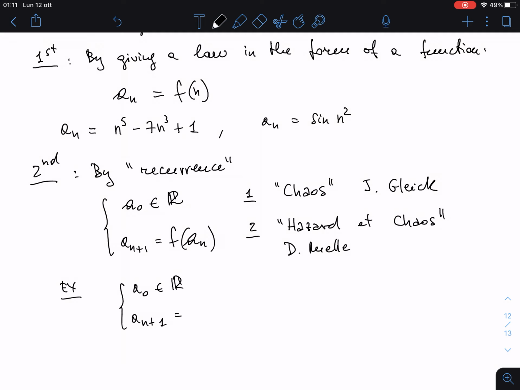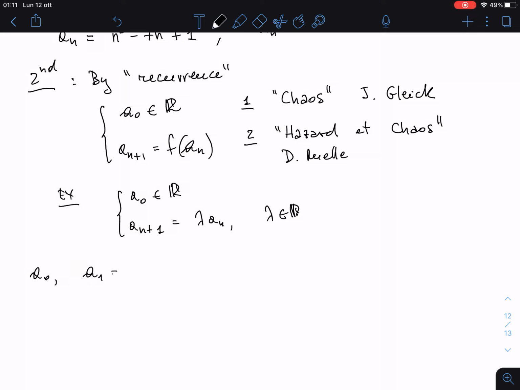So you start from a_0, then a_1, which is lambda a_0, a_2, which is lambda squared a_0, a_3, which is lambda cubed a_0, and so on, a_n is lambda to the n a_0.